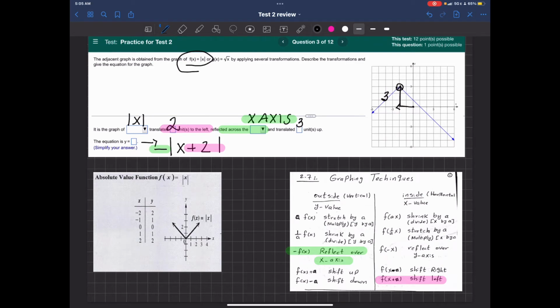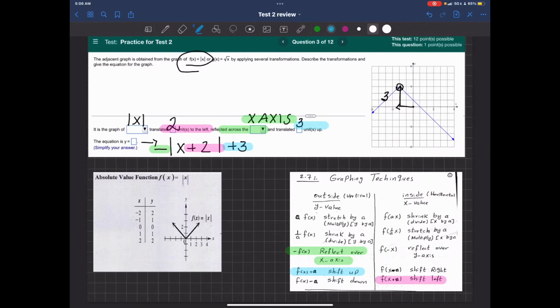And then from there, I'm going to translate 3 units up. When I'm translating, that's happening outside the function, right? It's that step right there. So it looks like we're going to add 3. We're going to say plus 3.